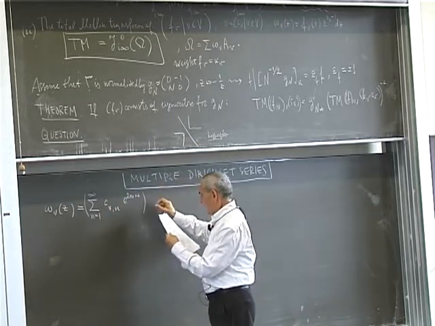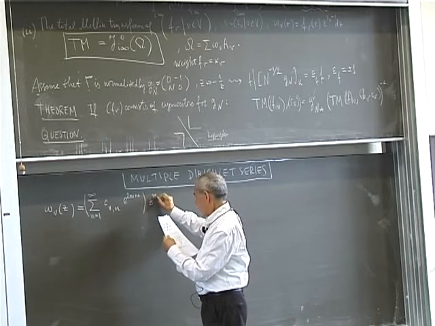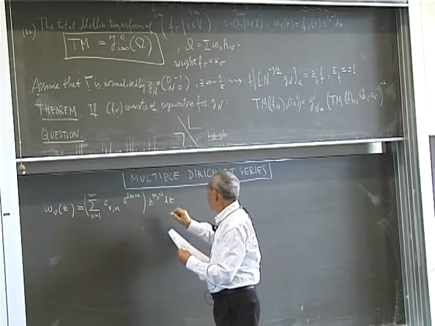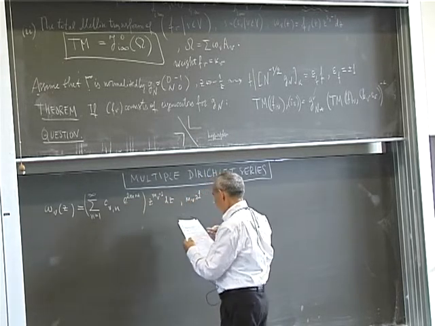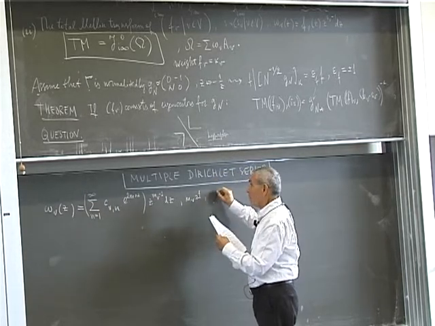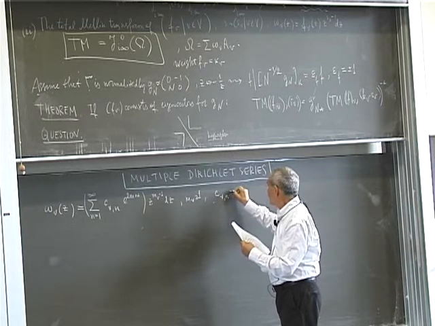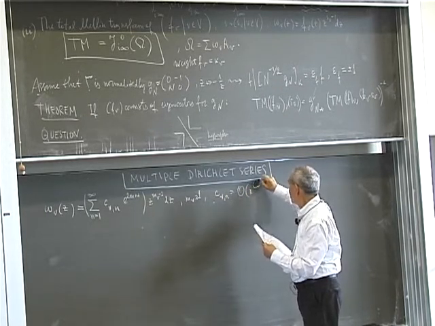Then I will multiply it by some integral power of z. And then I will assume that in this formal series, coefficients grow at most polynomially.